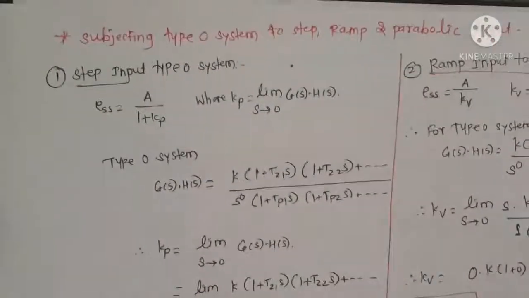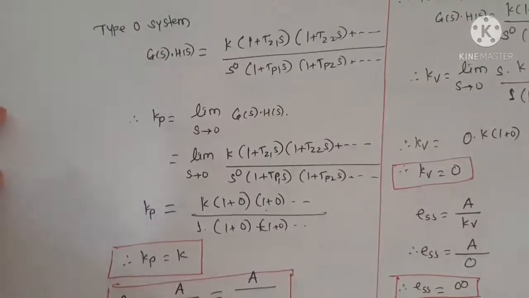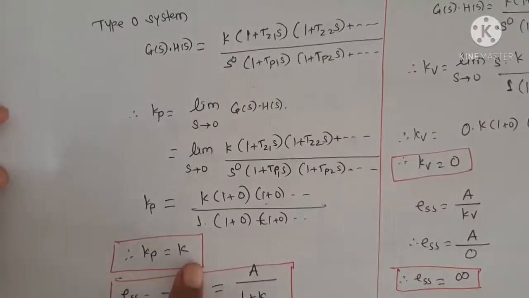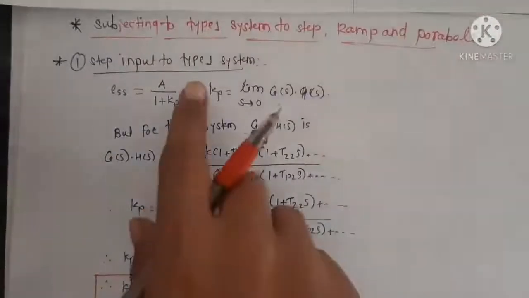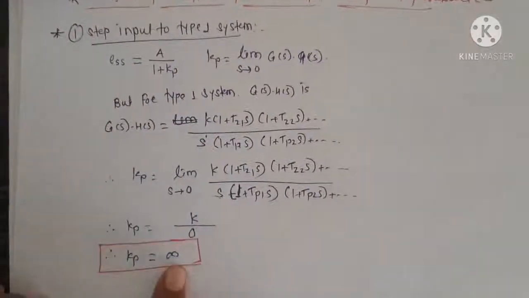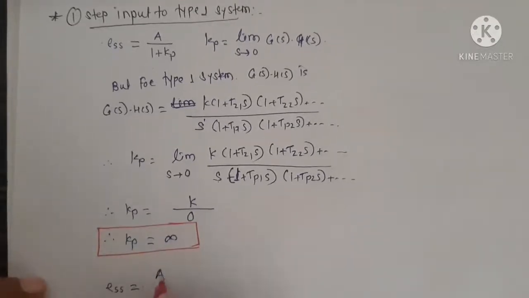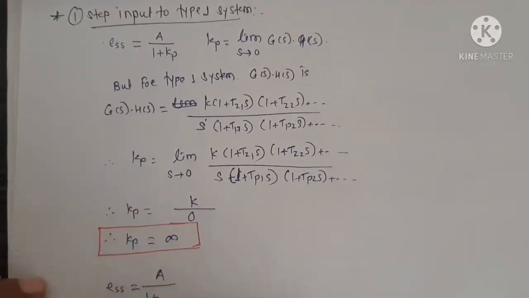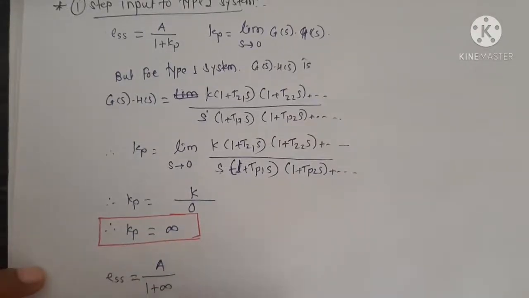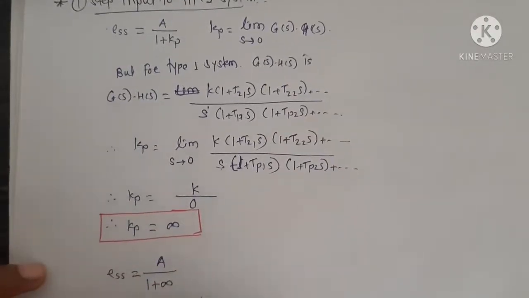We have seen for type 0 system, Kp is nothing but K. Now for type 1 system, Kp value is infinity, and simply putting that Kp value in the ESS equation, we get the ESS for type 1 system. So ESS is equal to A upon 1 plus Kp, and Kp is infinity. 1 plus infinity is still infinity.